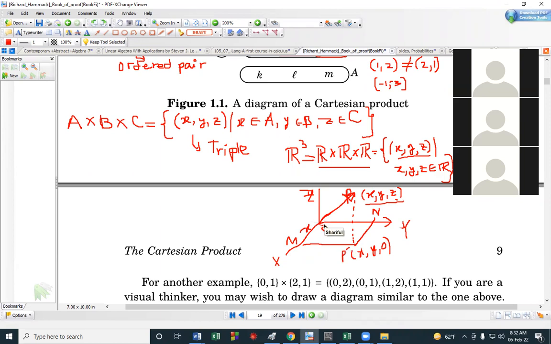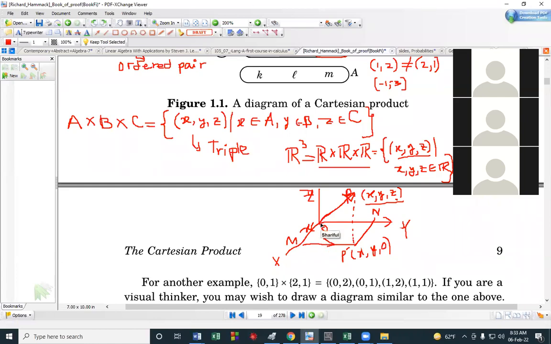Think about you are walking along this line from this origin for X units. You reach the point M. From here, you change your direction and start walking parallel to this Y line.